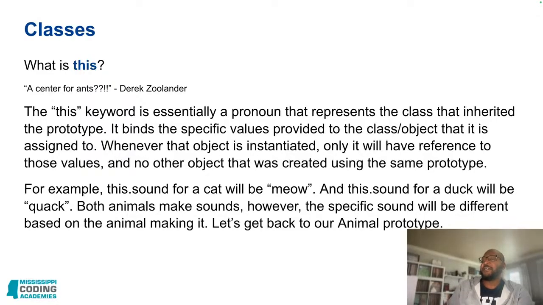Whenever that object is instantiated, only it will have reference to those values and no other object that was created using the same prototype. An example here, this dot sound for a cat will be meow, and this dot sound for a duck will be quack, because both animals do make sounds. However, the specific sound will be different based on the animal making it. Okay. So that should explain a little more this keyword.